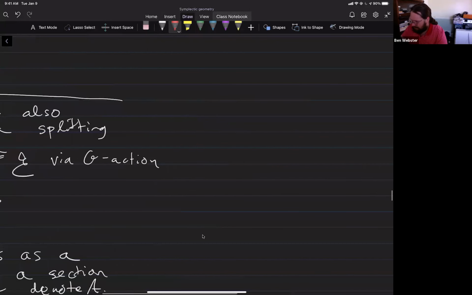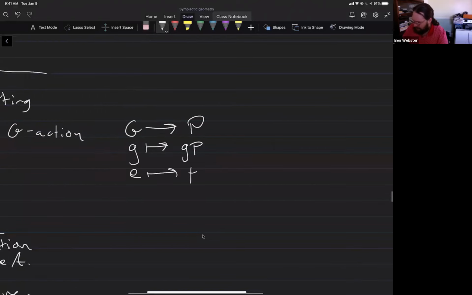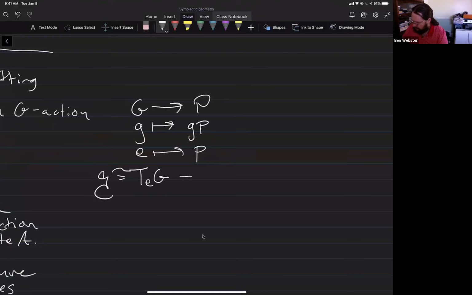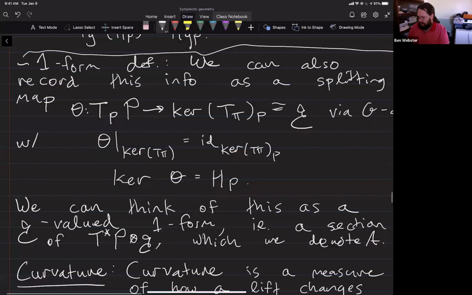There's a map from G to P, which sends G to G times my point P. So of course the identity maps to P, and when I take the derivative, I get an induced map from the Lie algebra to the tangent space of the principal bundle. All right, so I get a map from the tangent space to G. People will call that a Lie algebra valued one form, G valued.